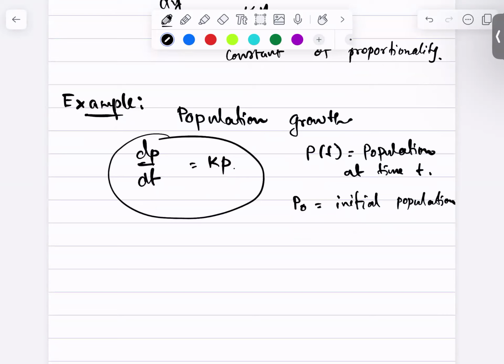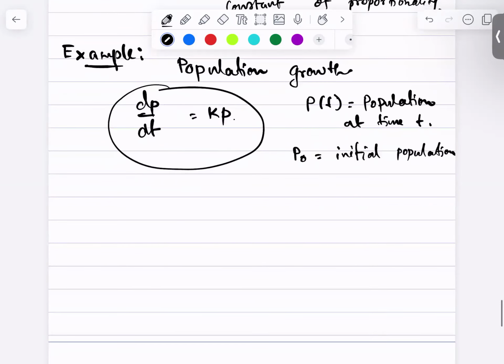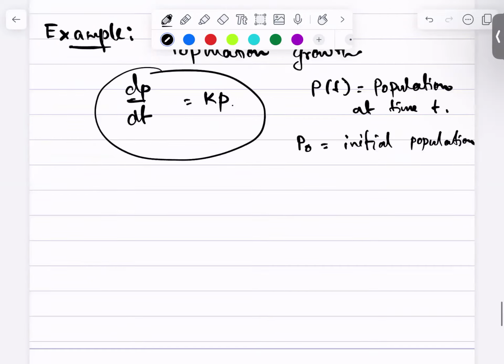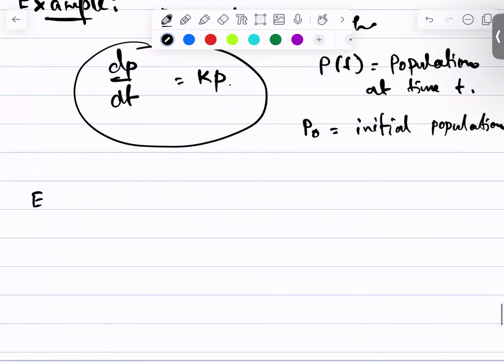Why is the name exponential there? If you solve it, you will get the answer. Let me give one more example, and then we can solve one problem. Another example can be radioactive decay.